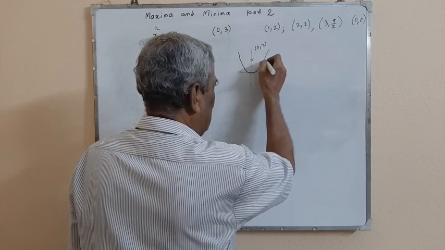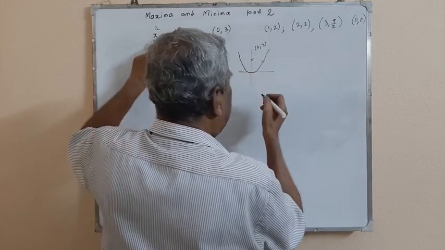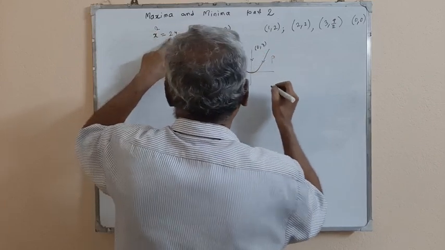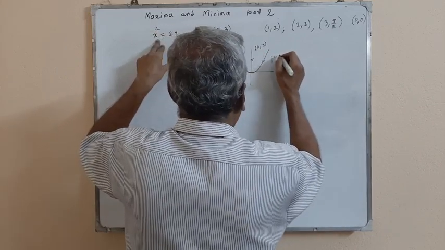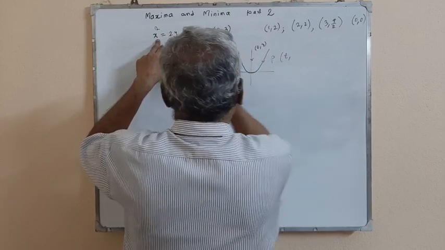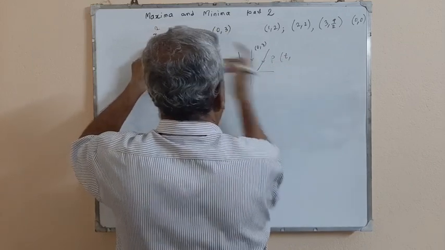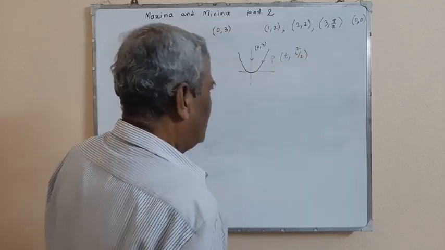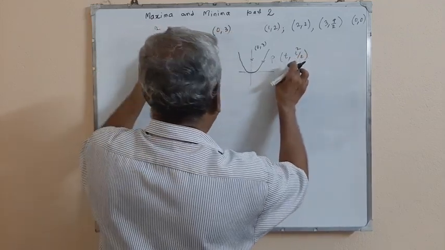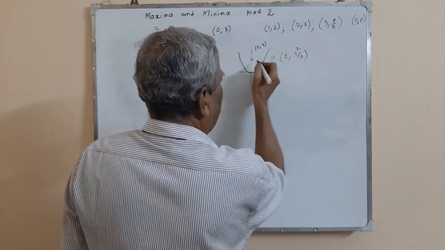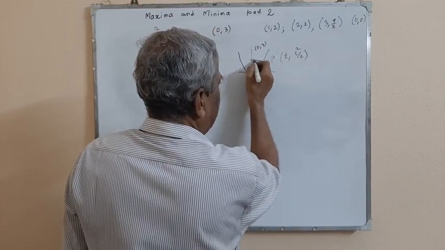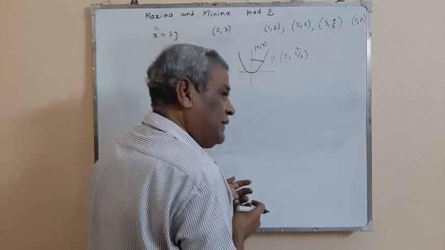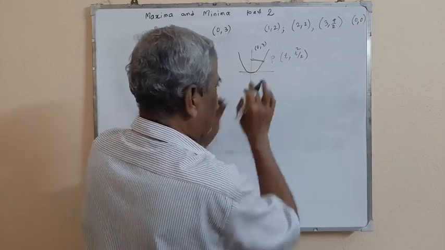Suppose this point is on the curve. Take a parametric representation of that point. If x is equal to t, 2y is equal to t square, so y is t square by 2. This point must satisfy the curve. We have to find the length, which depends on t, so we find the value of t for which it is minimum.